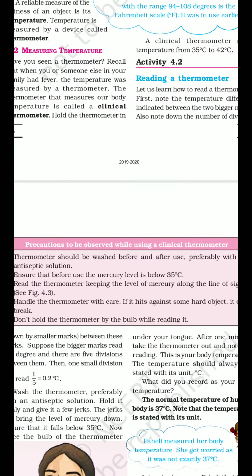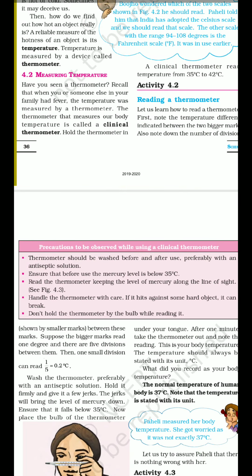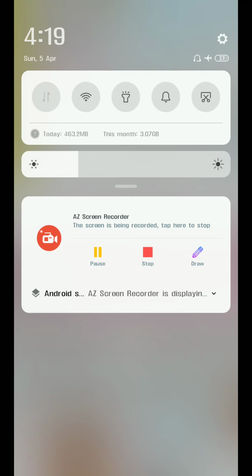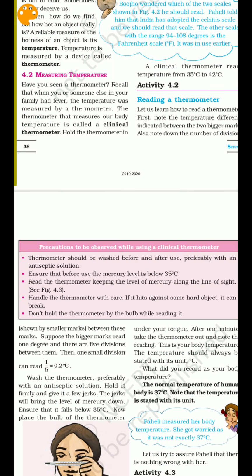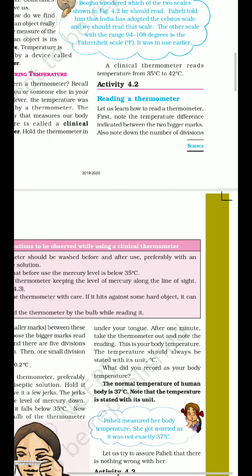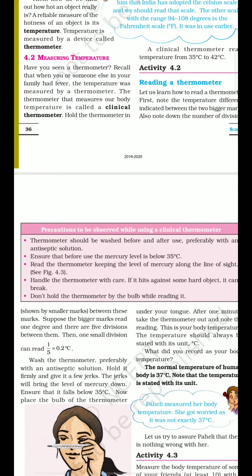Now students, the next and important thing is what kind of precaution we have to take while taking the temperature by using clinical thermometer. Understood? So the first one is thermometer should be washed before and after use.